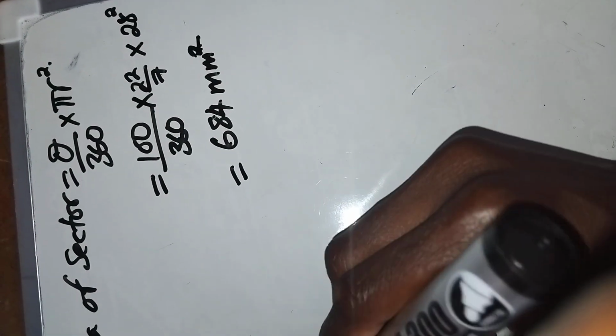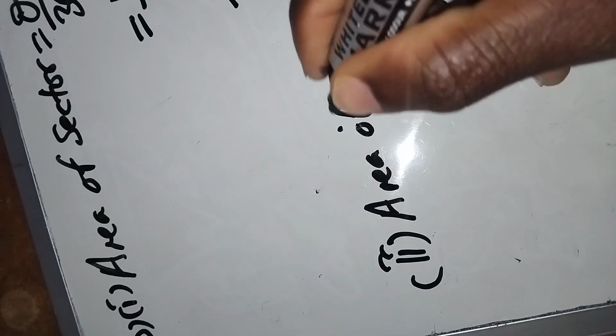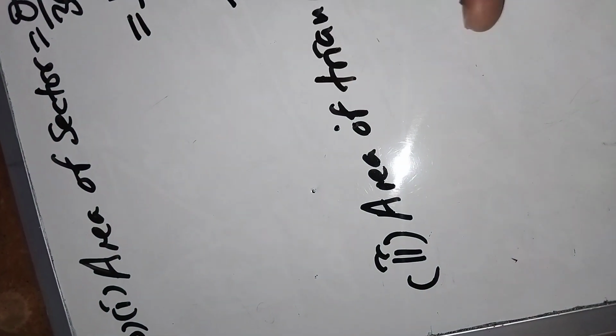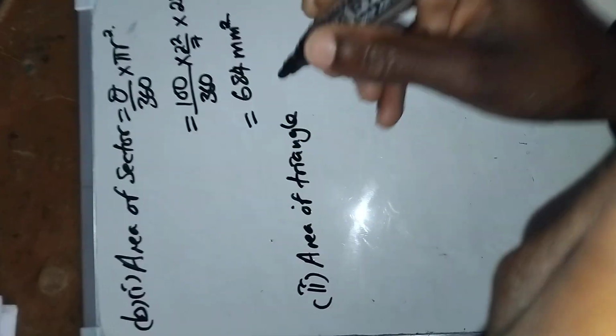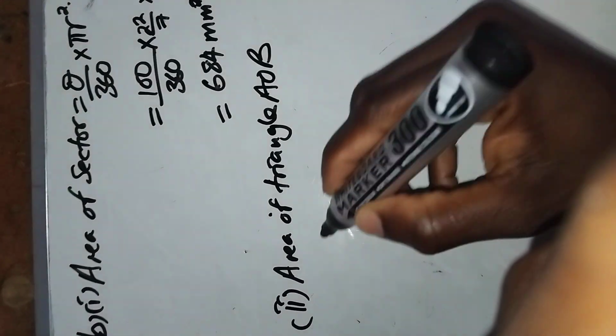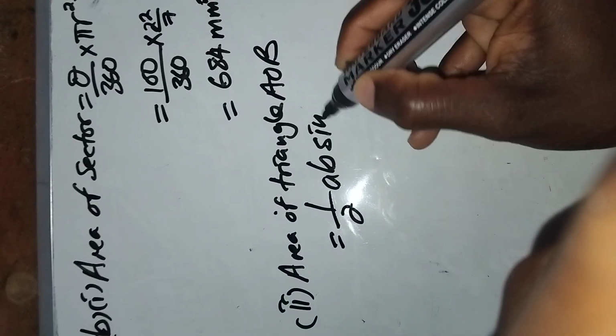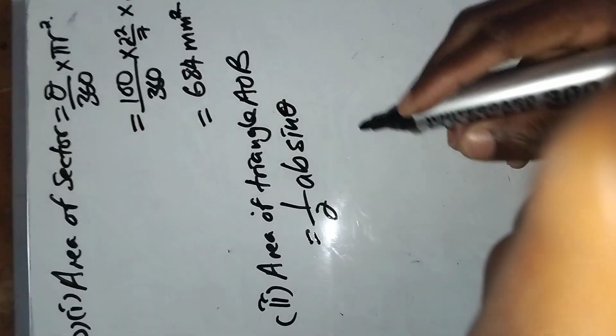Then item 2, triangle AOB, area of a triangle AOB is equal to half AB sin theta. Why do we use sin theta?